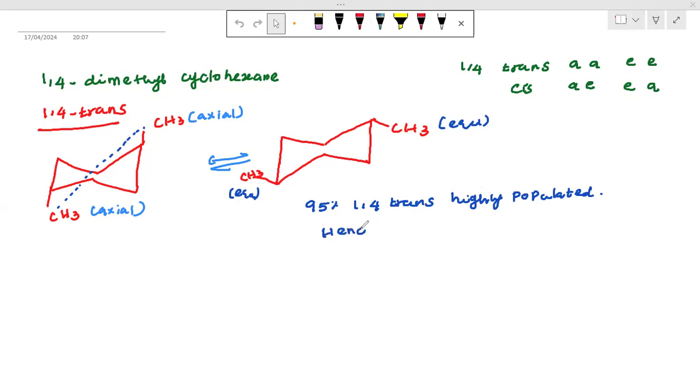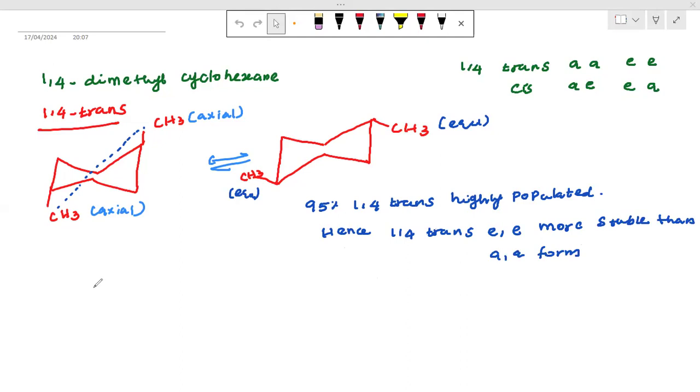Hence 1,4 trans diequatorial is more stable than the diaxial form.